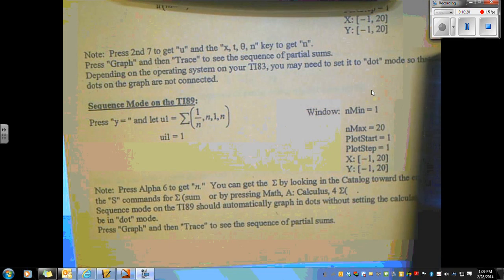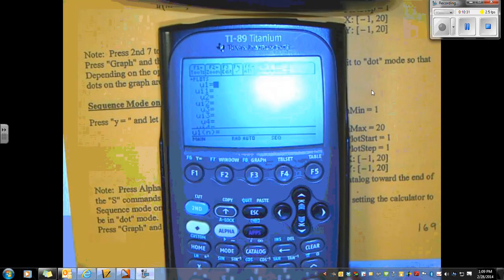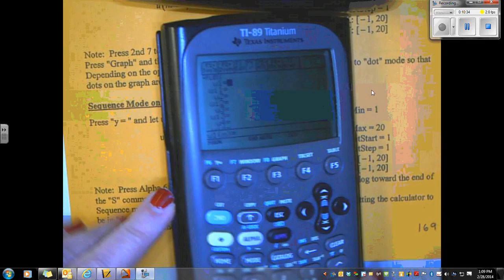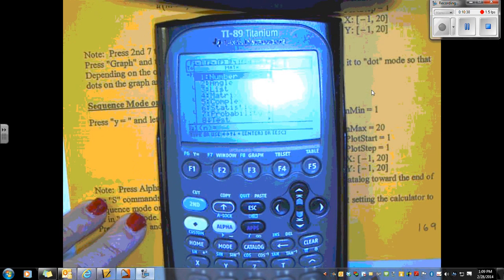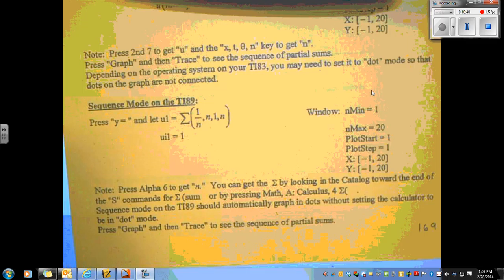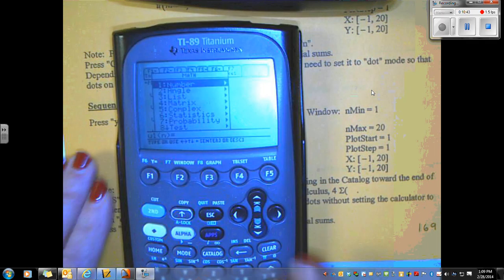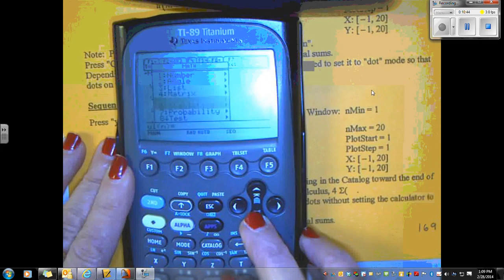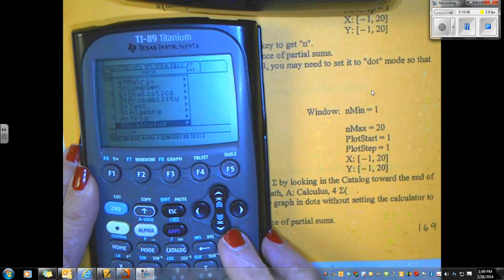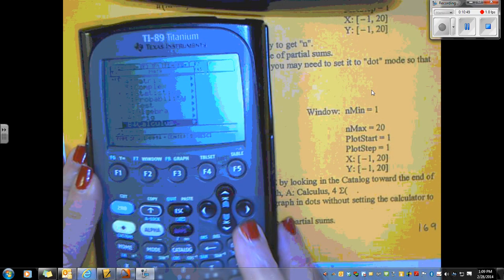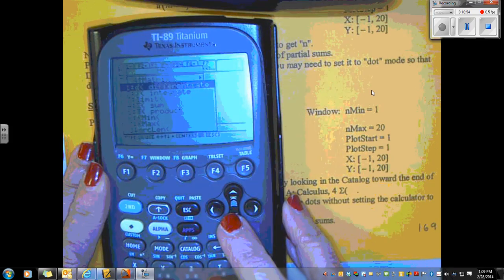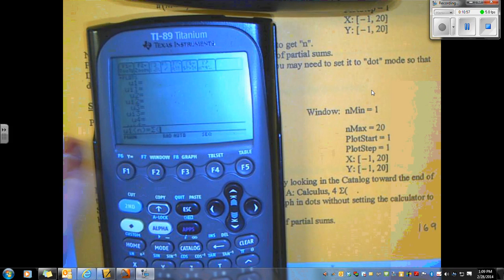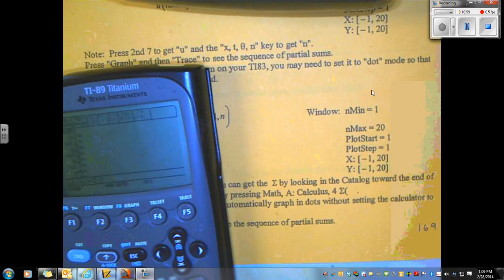You can get the sum by doing math. Second 5, math. And we want to go to... it says A. No, we want to go to B, don't we? Yes, B, and we're going to 4. Okay, one more time.